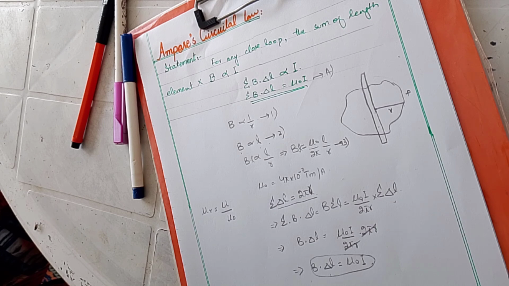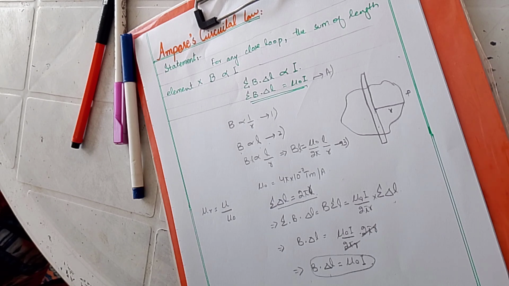Magnetic materials such as iron have a relative permeability of a few hundred. For different materials, like I have used the conductor wire, if we use iron or steel or any other material, then the permeability will change according to that material.